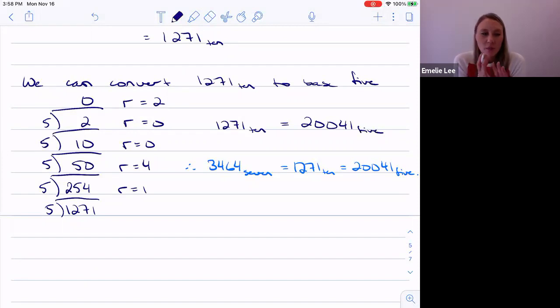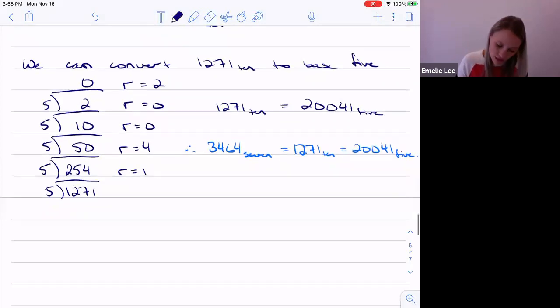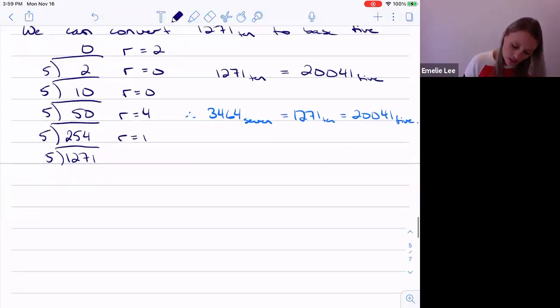Moving between binary and octal and binary and hexadecimal, we do have some shortcuts that we can use. So we can absolutely just use base 10 as our gateway, but that could be kind of lengthy sometimes. So now I share with you the shortcuts.